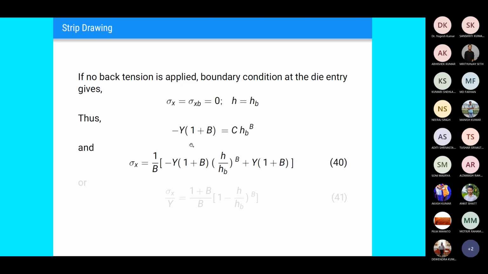By simplification, you get this term, which will be useful in further elaboration: sigma x upon y equals 1 plus b upon b, into the bracket 1 minus h upon hb raised to the power b.